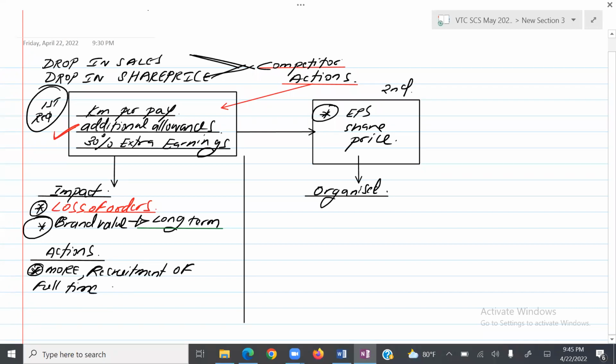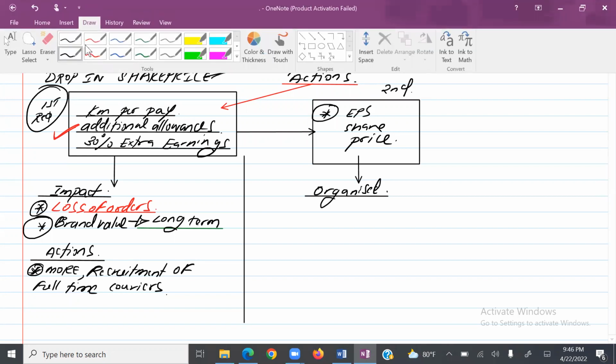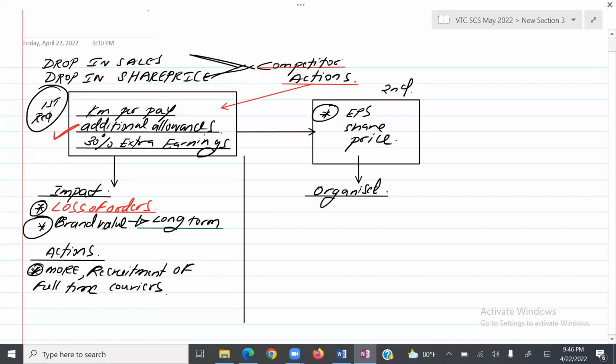Correct. Full-time couriers have employment benefits. But the problem is, Mr. Rikas, how many full-time couriers do we have in our organization? 3,000. And part-time couriers? 23,000. Can we afford to go from 3,000 to 23,000?